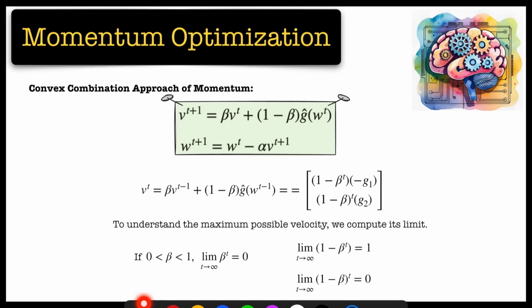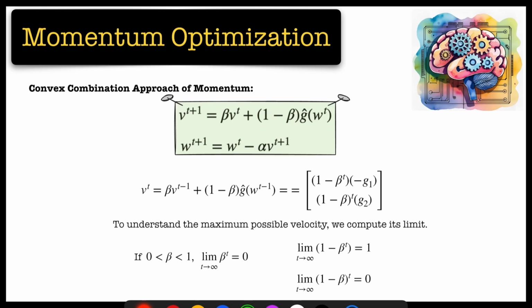Now, to understand the maximum possible velocity, we'll compute the limit. We got this for the t-th update. Let's say β is always between 0 and 1. So the limit of β^t as t tends to infinity will always be 0.